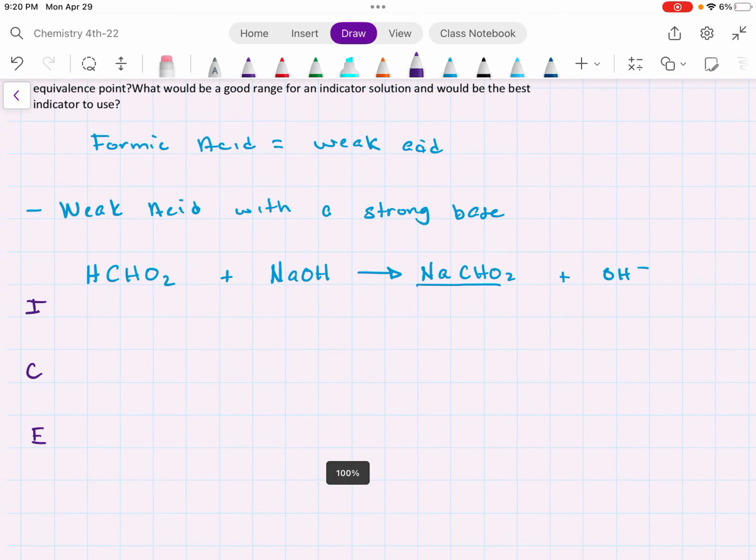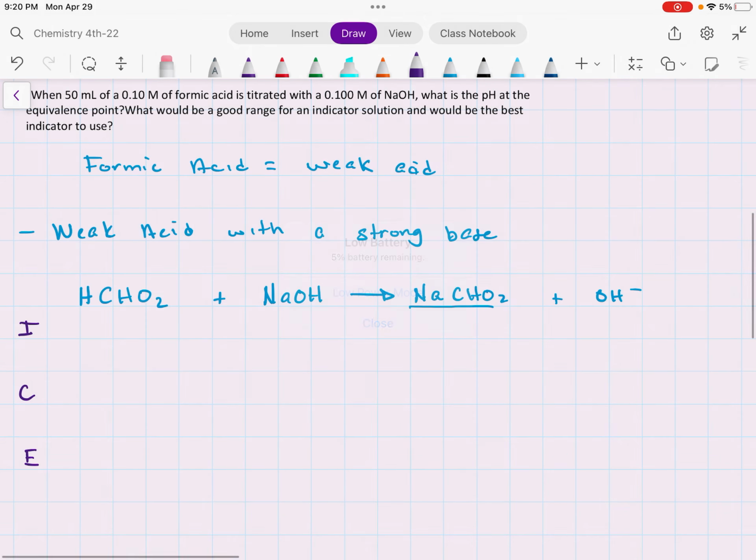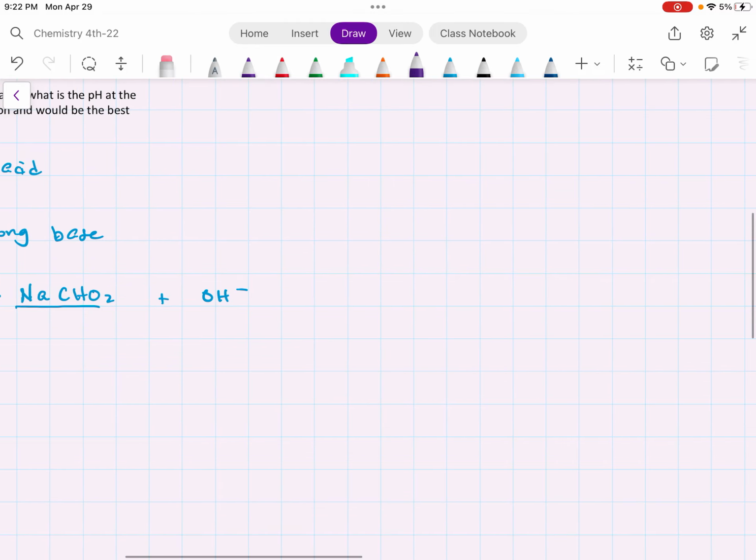So let's go ahead and figure a couple things out, right? Our starting value. Let's go aside over here and take a look at our formic acid. So we have 50 mLs at 0.10 molar, okay?